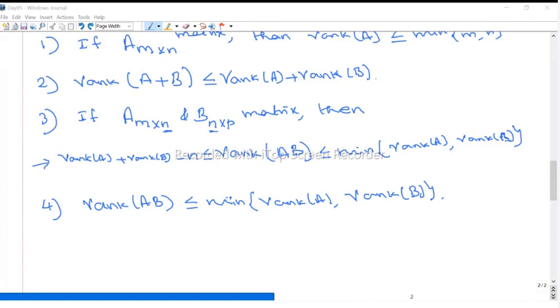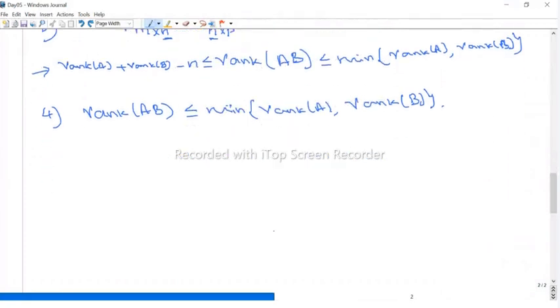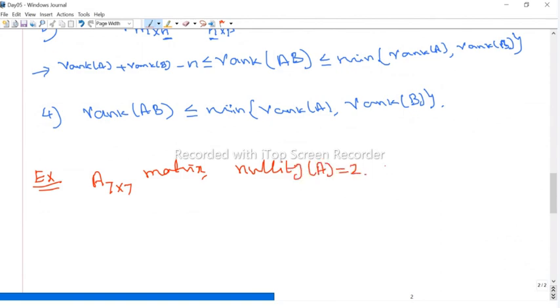Maybe I will ask some question. Suppose A is a 7 by 7 matrix. For example, it was asked already in a previous year question paper. So suppose A is a 7 by 7 matrix, and it is given that the nullity of the matrix is 2.